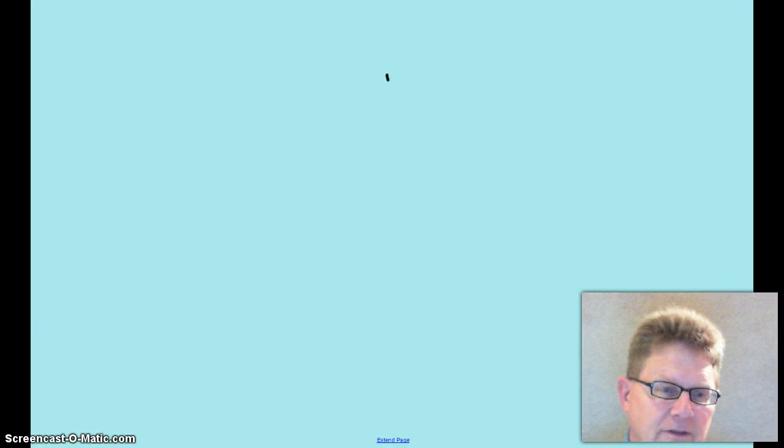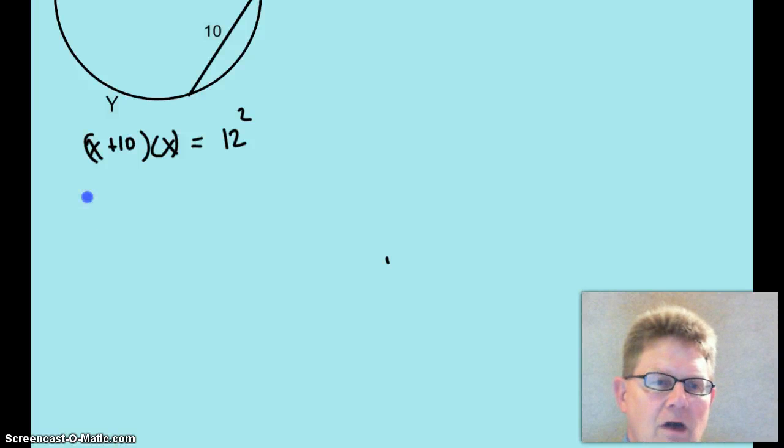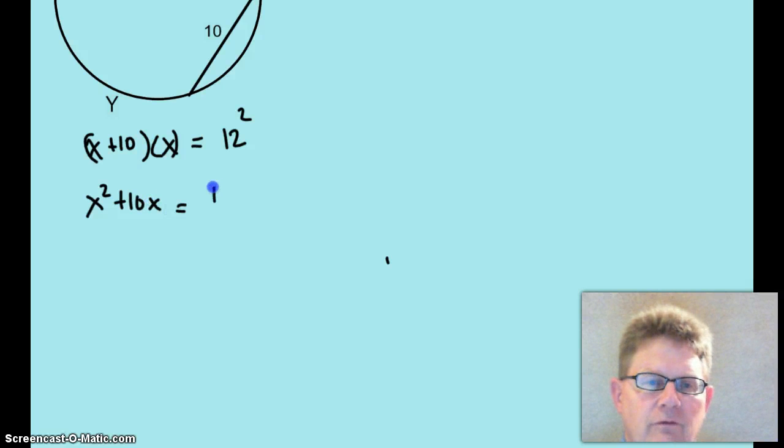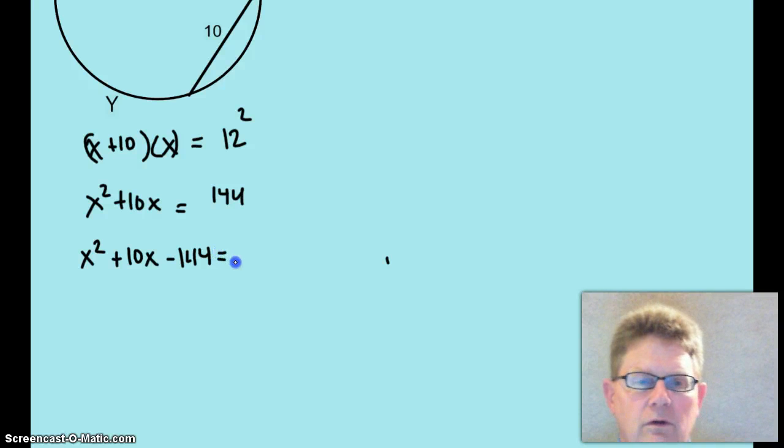Whoa, I extended the page a little bit far. So x squared plus 10x equals 144. So get that all on one side. x squared plus 10x minus 144 equals 0.